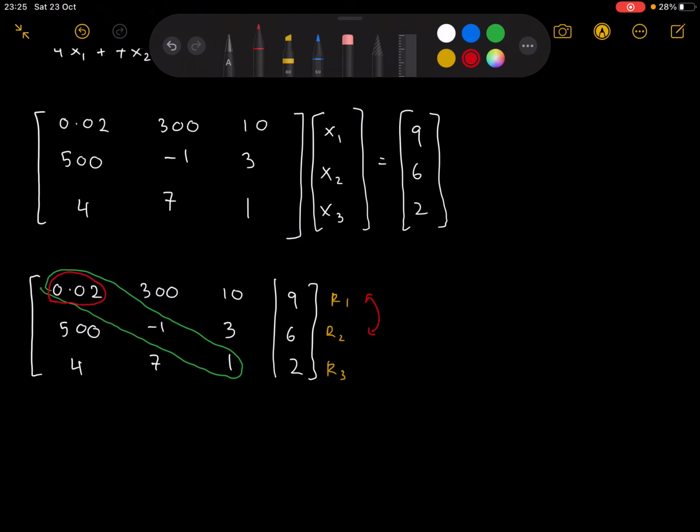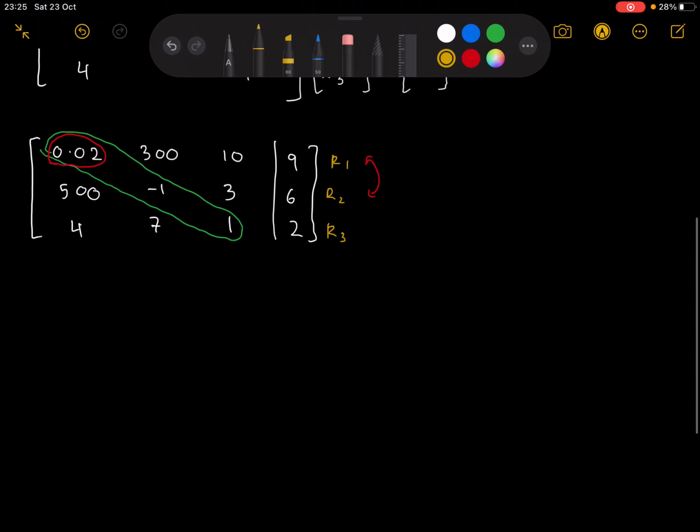So row number 1 will become row number 2, and row number 2 will become row number 1. So we swap R1 and R2. Why are we going to swap? So that the value here will move to here.